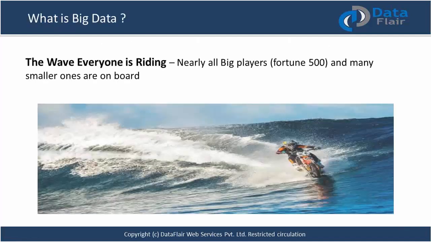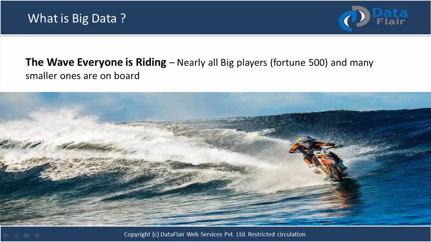So what is big data? The wave everyone is riding. You take the name of any organization, I would say yes, they are using big data. Nearly all big players, all Fortune 500 companies, and many smaller ones are onboarded.